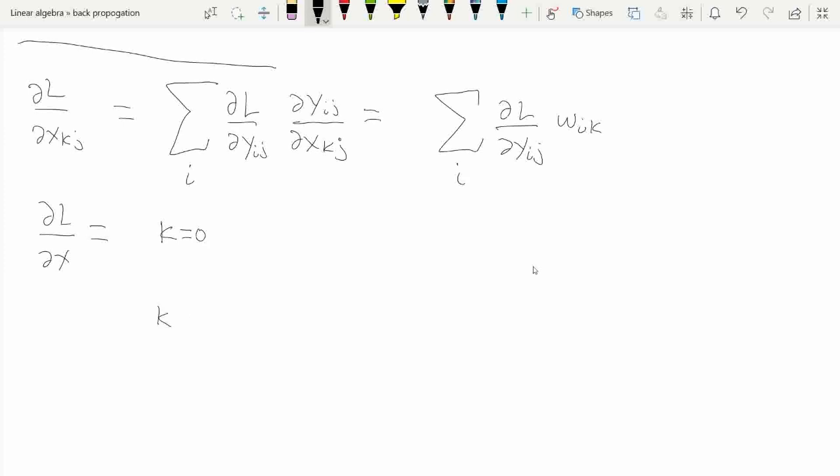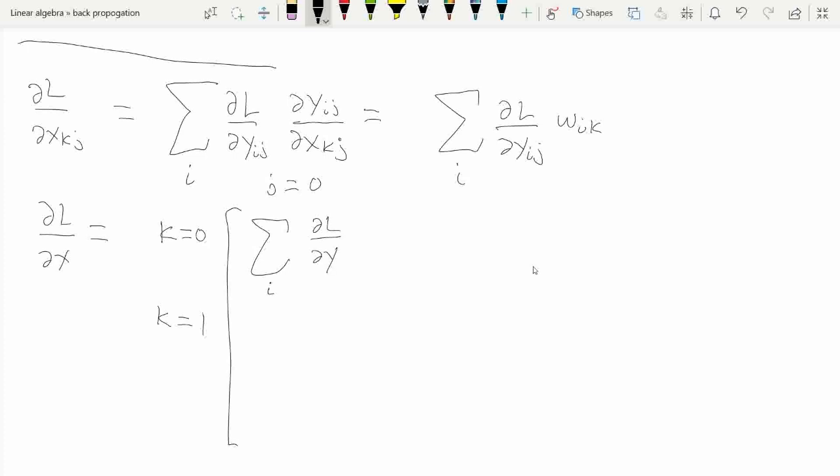K is equal to 1, not x, and then j is going to be equal to 0 in the first column. So if we rewrite this with k equal to 0 and j equal to 0, we get the sum over i of del L by del y_i0 times w_i0.